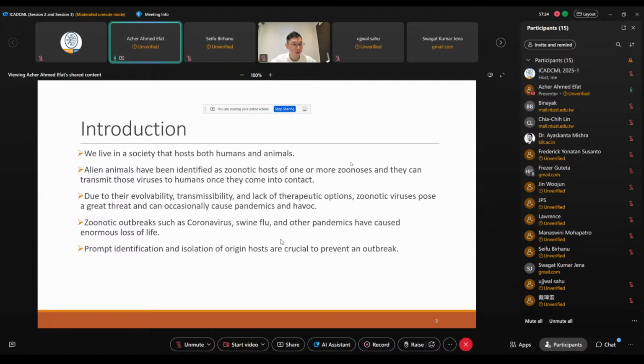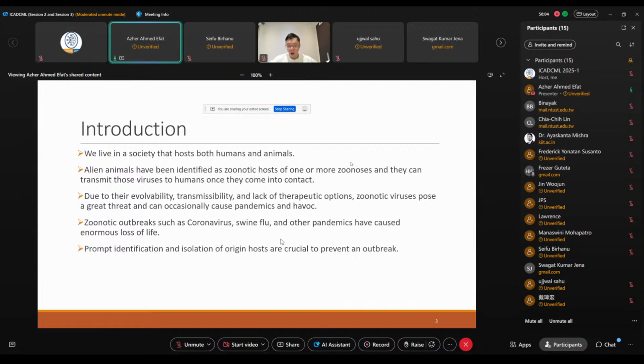Due to their evolvability, transmissibility, and lack of therapeutic options, these zoonotic viruses often cause pandemics and havoc, such as coronavirus a few years back, and swine flu virus and other pandemics that have caused enormous loss of life.